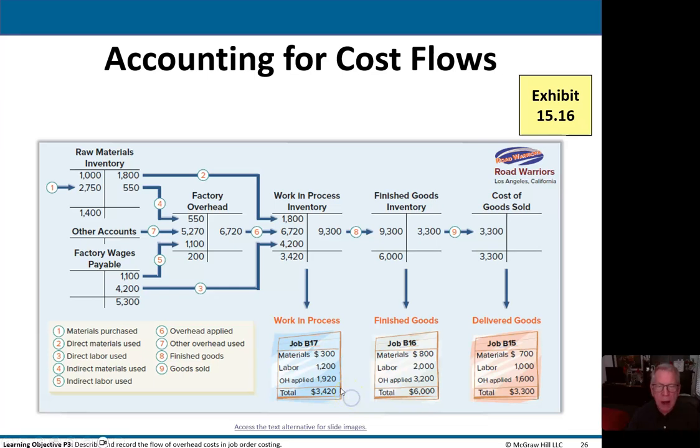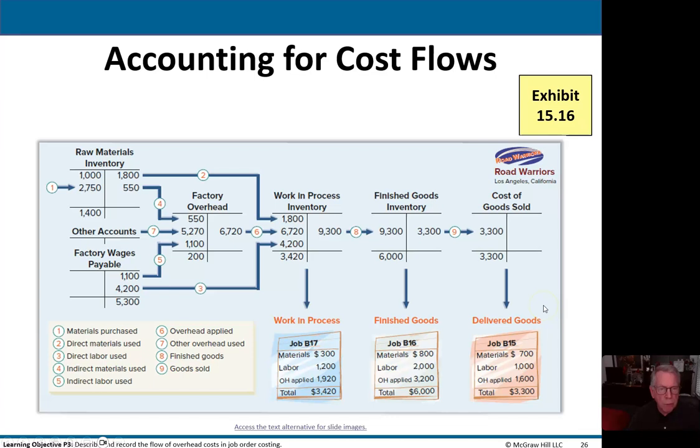That's the only job that was left in work in process inventory because we've moved 2 other jobs to finished goods inventory. Their job Bravo 16 here for $6,000 and Bravo 15 for $3,300. Now, Bravo 16 stays in finished goods inventory here, while Bravo 15 moves into cost of goods sold because we've sold it.